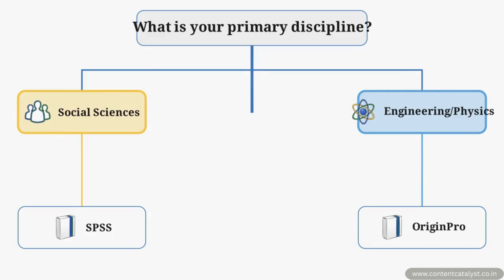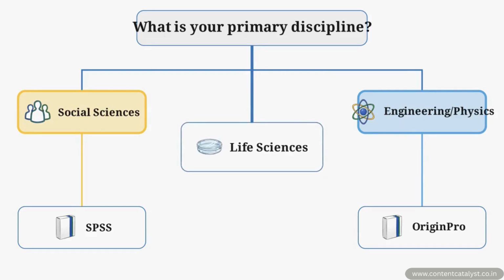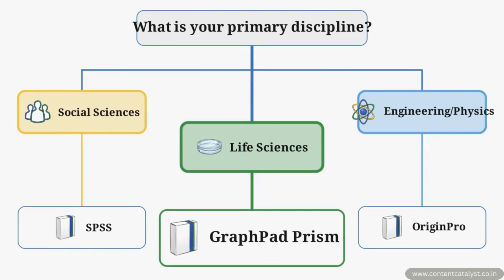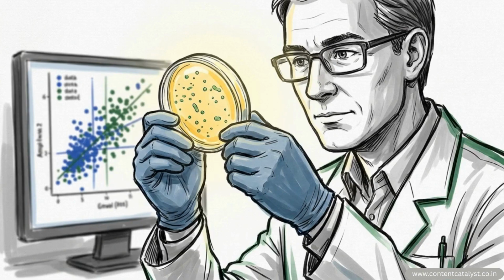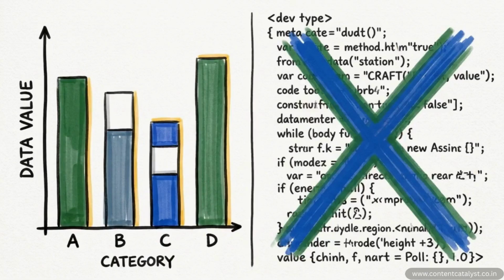Origin Pro is going to give you the advanced toolset you need. But for biomedical researchers, pharmacologists, and those managing clinical trials, the path leads straight to GraphPad Prism. In the life sciences, your priority is the rapid, reproducible analysis of complex biological data. You need to verify your results and visualize them clearly without taking a detour to learn programming syntax.